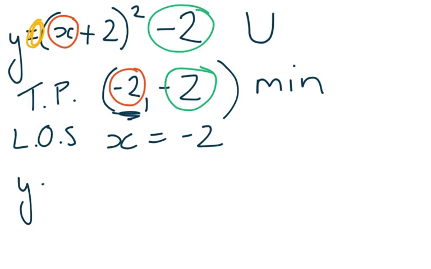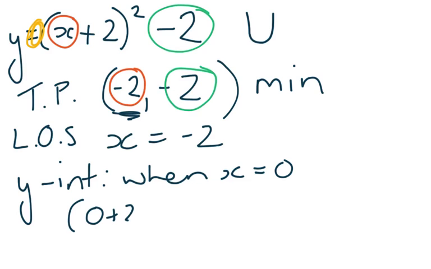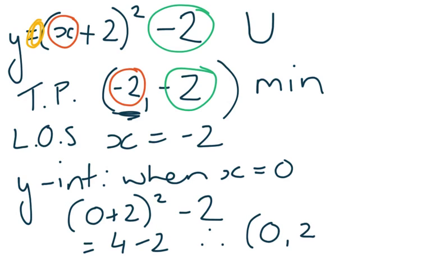And our y-intercept we need to find, so that's when x is 0. Now if we put 0 into our equation, we get 0 plus 2 all squared, take 2, which becomes 2 squared, which is 4, take 2. Therefore, the y-intercept happens at (0, 2).